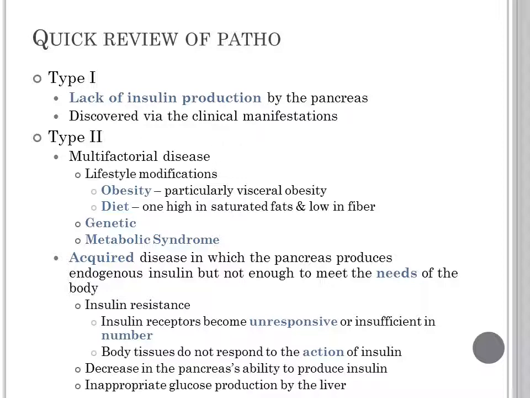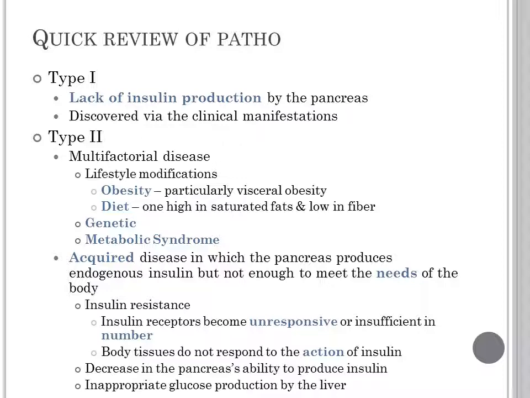So that's your insulin resistance. Therefore, body tissues do not respond to the action of insulin. People have varying degrees of insulin resistance, and this is why some patients will end up taking 30 units of insulin, whereas others only need 5. The higher your insulin resistance, the more insulin you need in order to produce an effect.